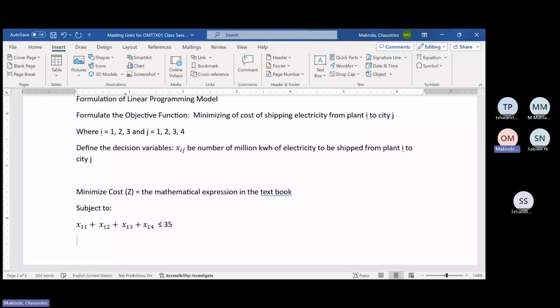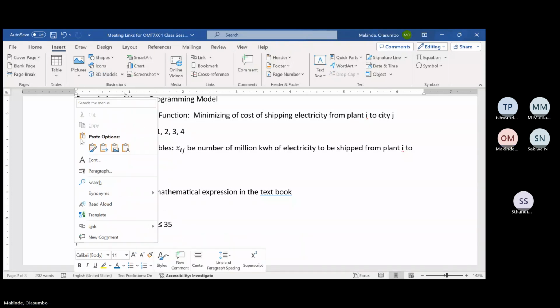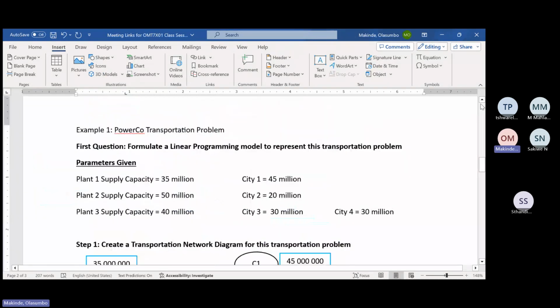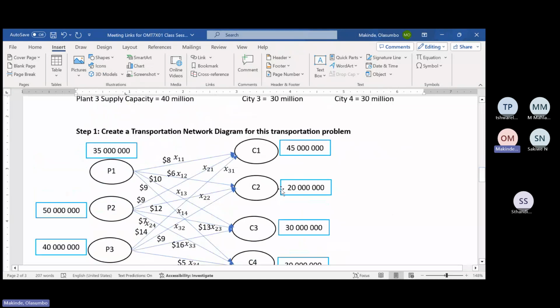Then you go again and do the supply two capacity constraint, following the same principle. Copy, and I'm going to edit that. If you check it on the network, hence the reason why you have the network, so that you can see what you are picking there. From P2 to C1, that is X21 plus X22 plus X23 plus X24.